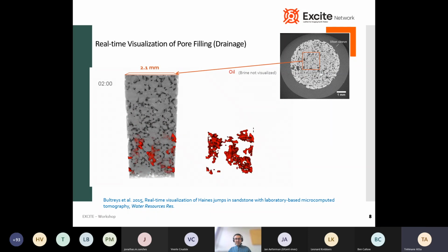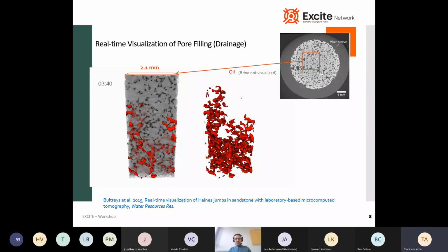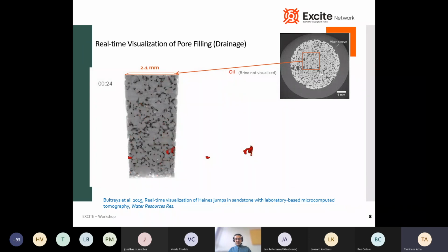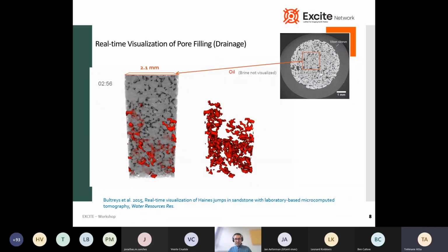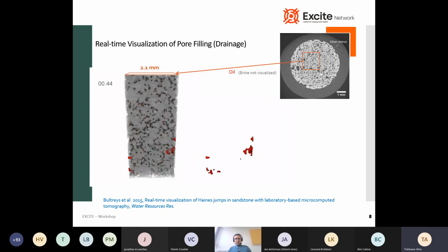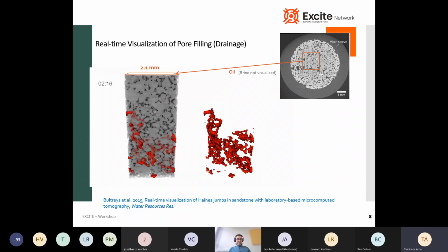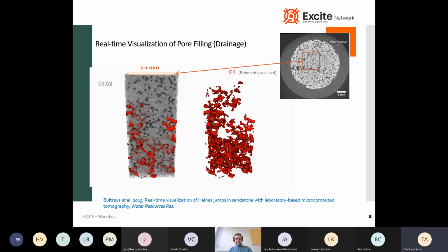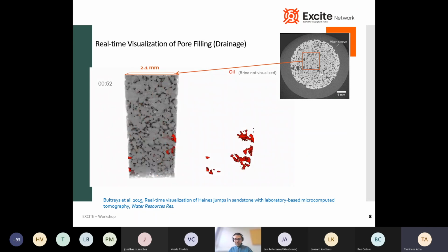Up here we have a reconstructed horizontal slice of the sample, and this 3D visualization on the left-hand side is a subvolume of the marked area on the slice. In this 3D volume, we see the grains in gray and the invading oil phase, which is artificially colored in red for better visualization.